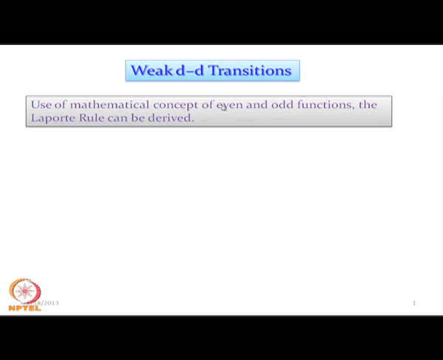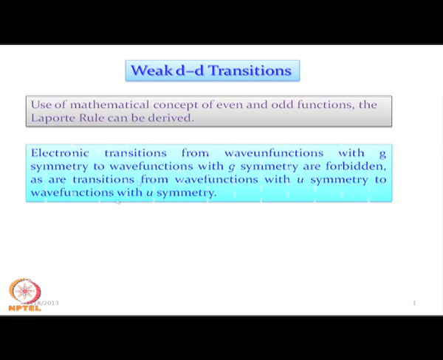They can be considered or some s orbital or p orbital. So, we have the even and odd functions related to these transitions, which can be controlled by the corresponding rule, which is known as the Laporte rule, and the Laporte rule is derived from that mathematical concept of even and odd functions related to the dd transitions.